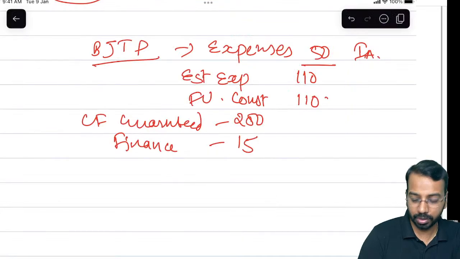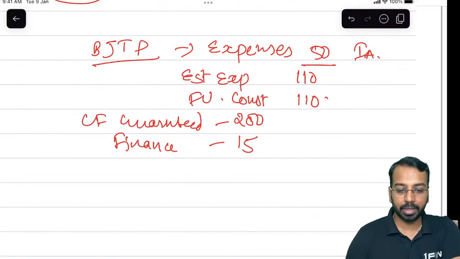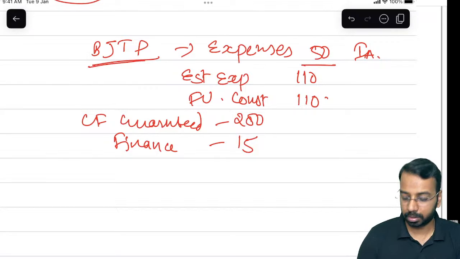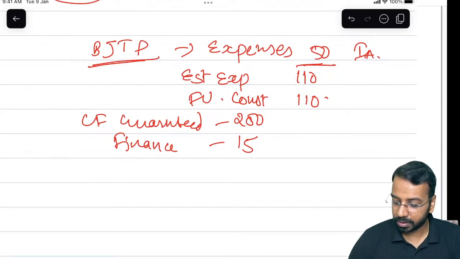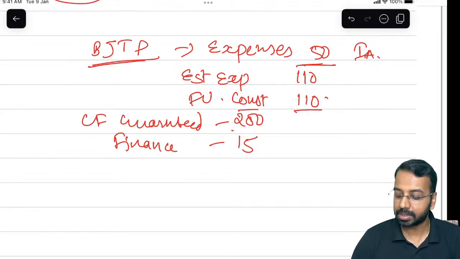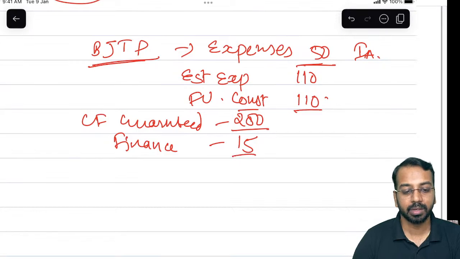So, this is the summary. Bhilwara Jabalpur tollway, expenses already incurred 50 crores. Total expense estimated is 100 crores, and fair value of construction service is 110 crores. Guaranteed cash flow is 200. Finance income that the company expects is 15.